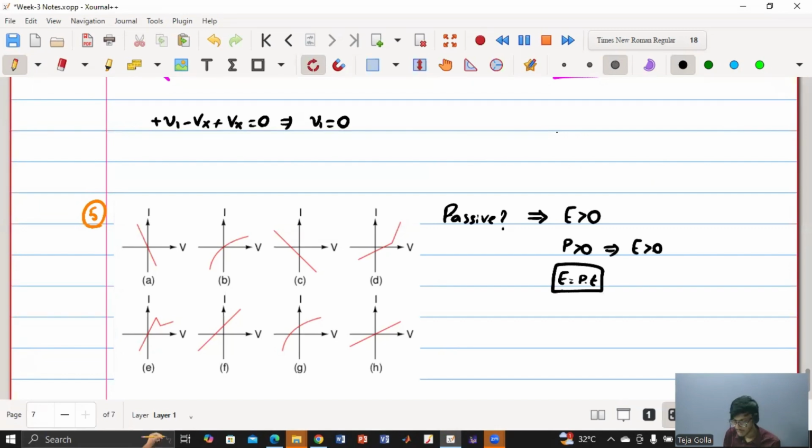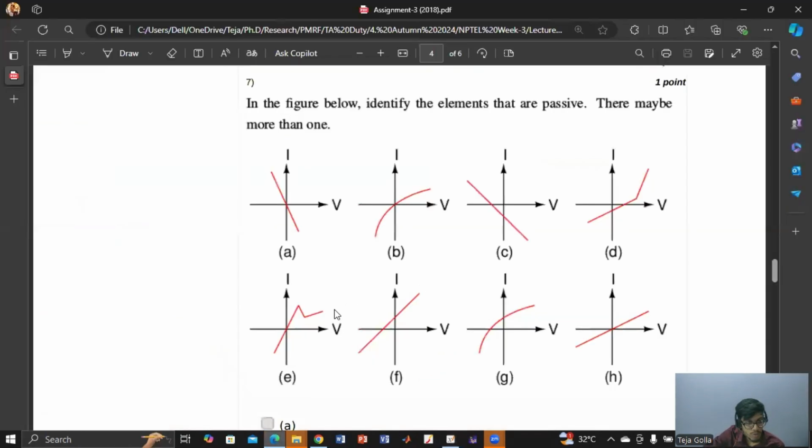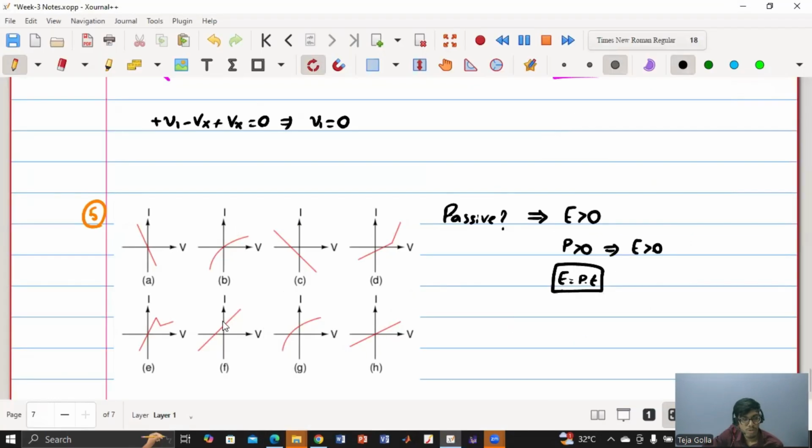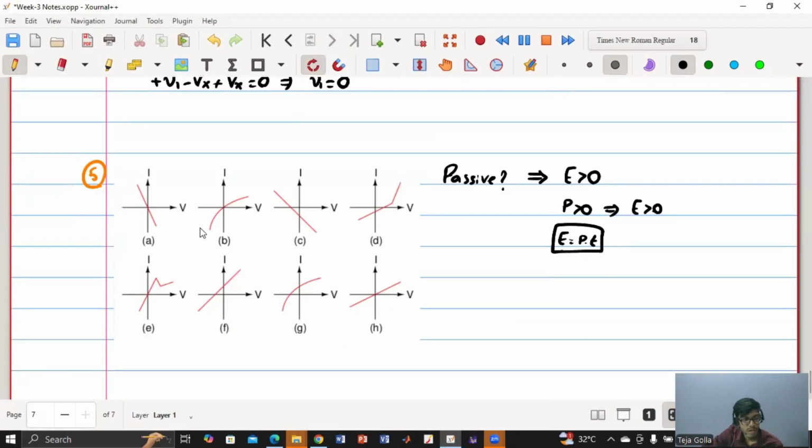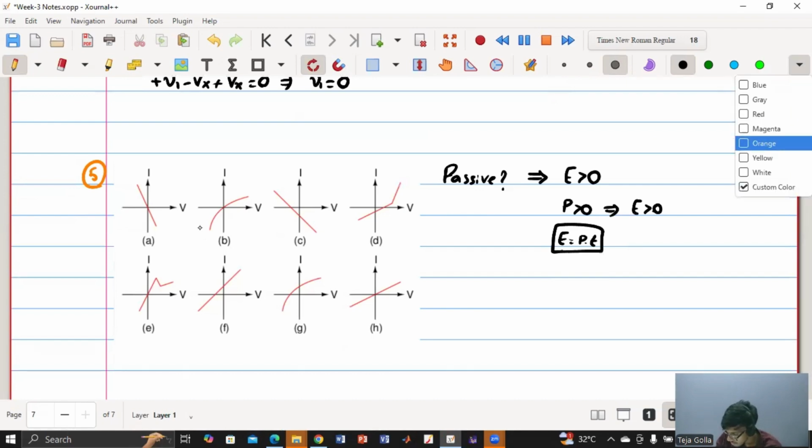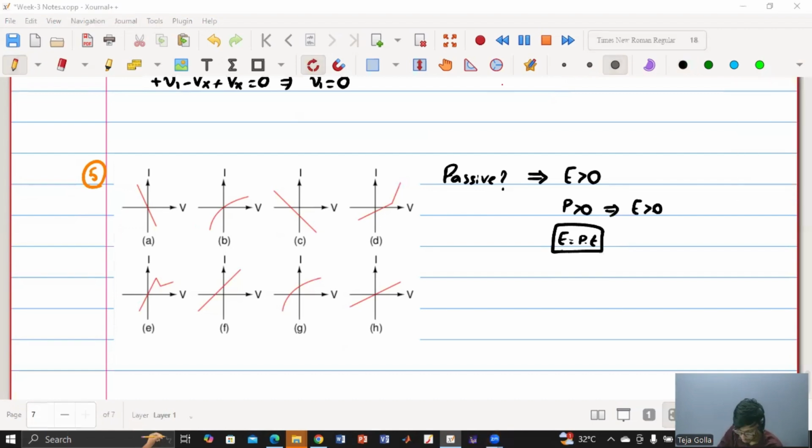Yes. Now in the question they have asked to identify the elements that are passive. Let us go one by one and keep marking. Whether A, power is positive always or power can be negative. I will just ask whether P is positive or not.